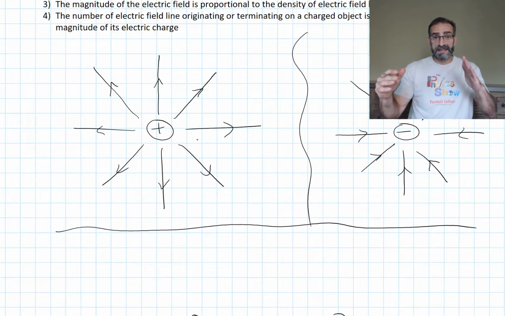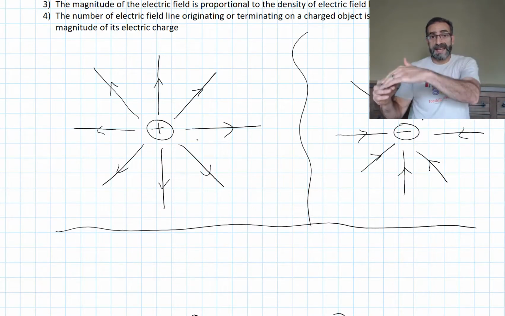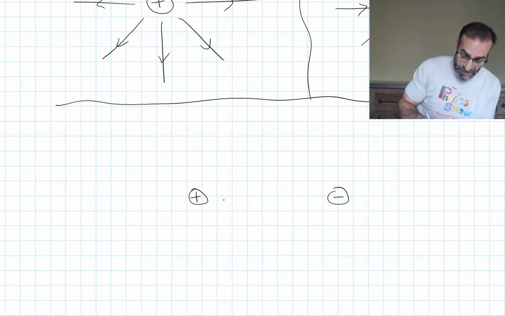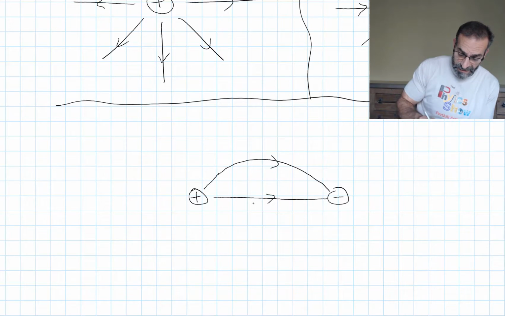As that field line comes out, it wants to find that negative charge to terminate on. So one of the electric field lines will look like this, and the one that comes out like this will actually come around and terminate into that negative charge.